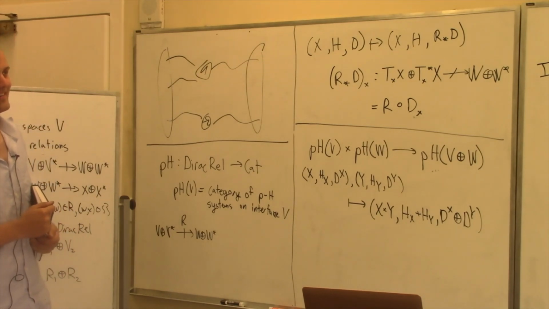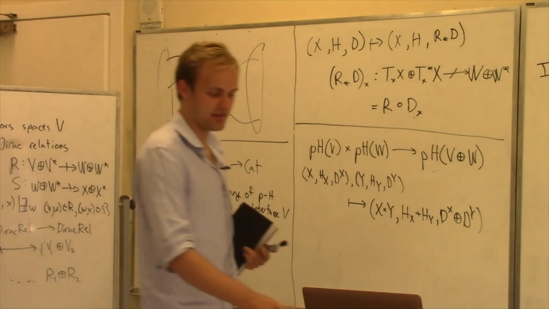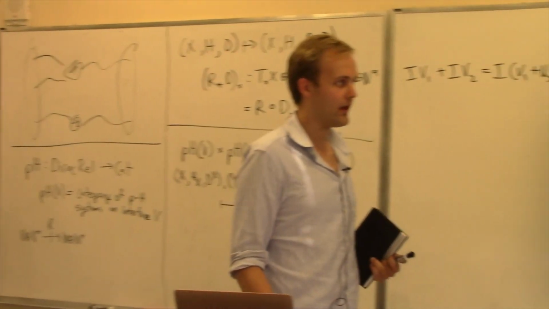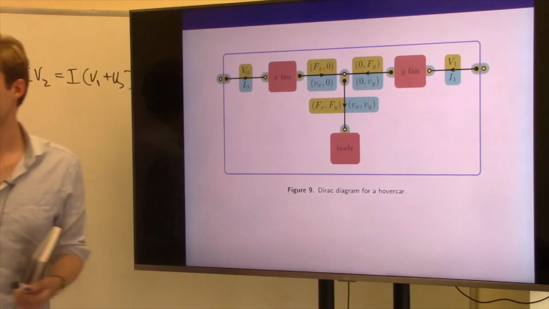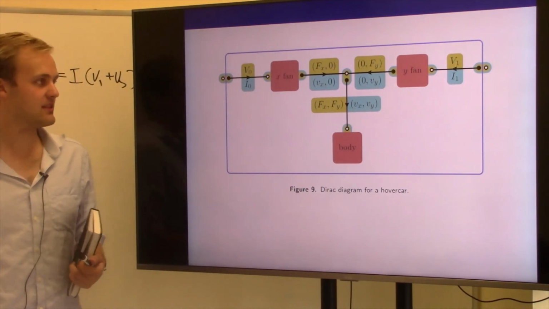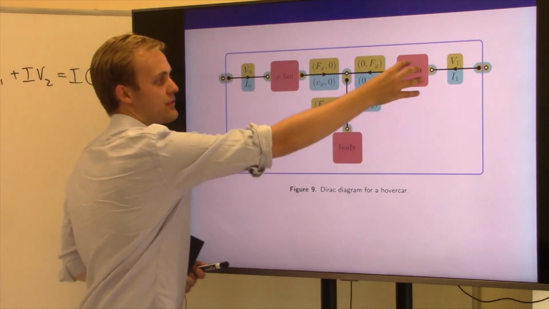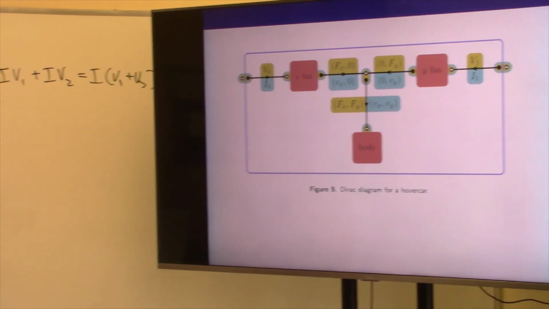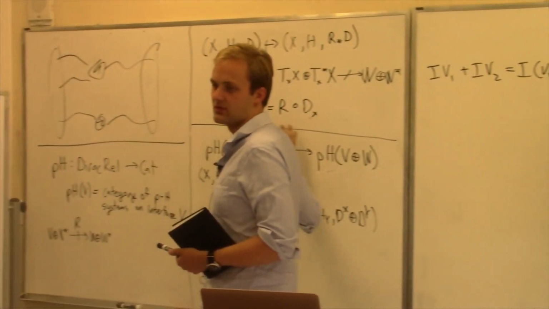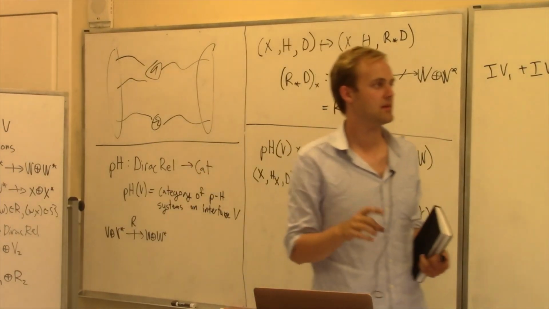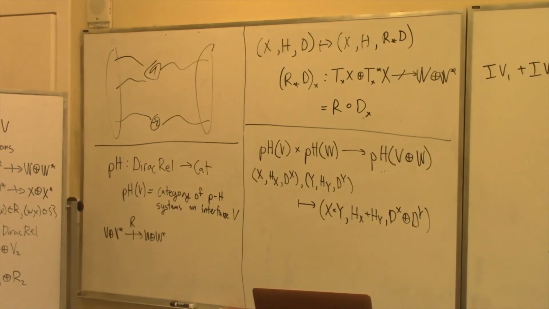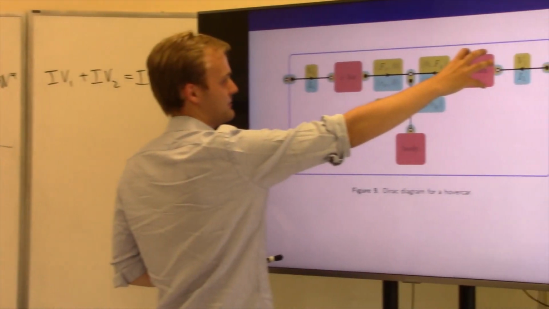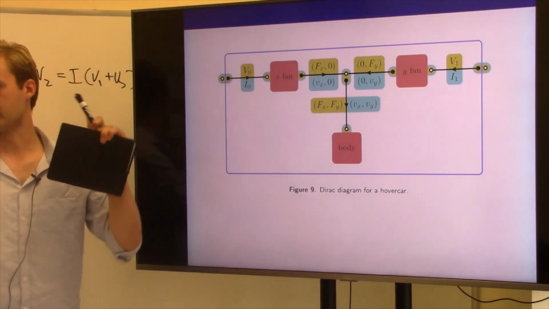Okay. There we go. So if we go back here, how do we interpret this categorically? The first thing that we do is we take these three systems and we compose them independently. You can extend this to 3 rather than 2. And so we get X, the fan body, and Y all doing their own thing.